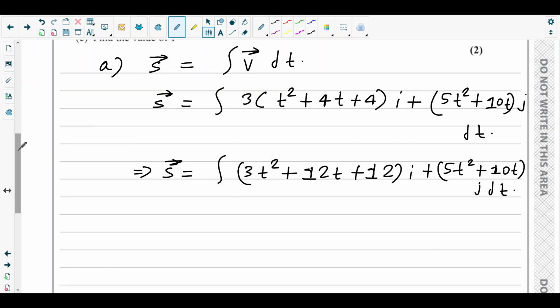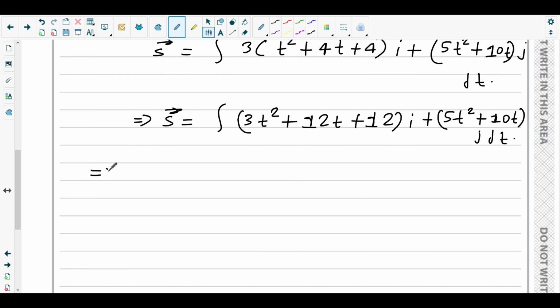Okay, so let's integrate. Now we can integrate after expanding the brackets. The integration of 3t squared: we add 1 to the power of the variable, so t squared becomes t cubed, and we use the new power to divide the coefficient, so 3 over 3 is 1.